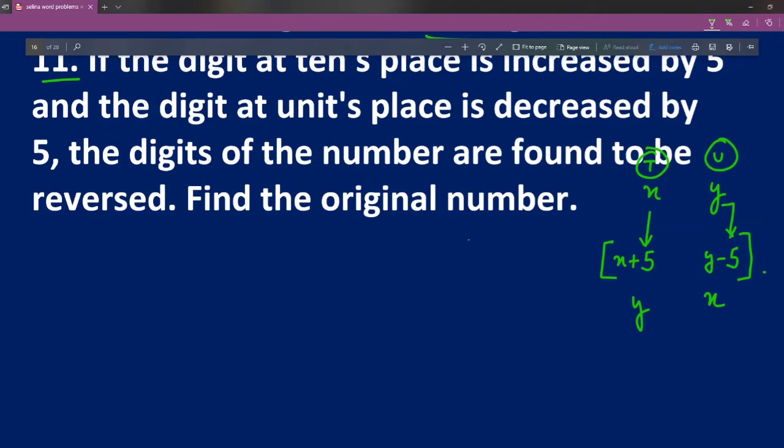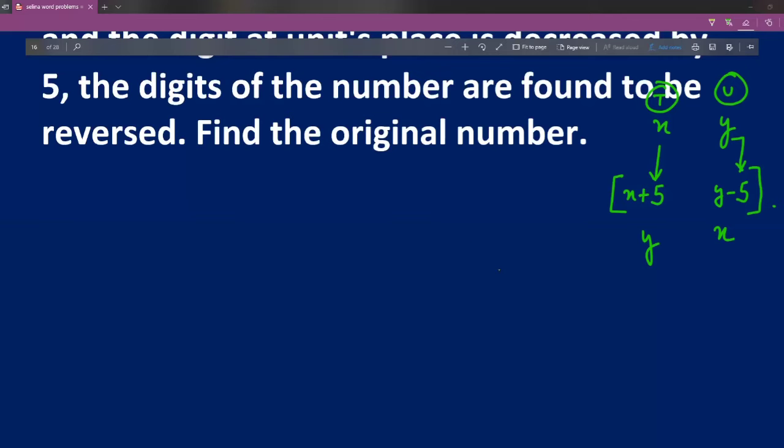Okay, let's start. Now we have increased the tens digit of the number xy by 5, and the y digit I have decreased by 5.